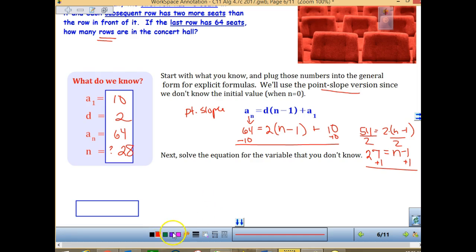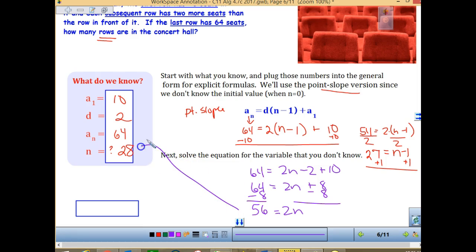What if you would have done it with distributing, and you had 64 equals 2n minus 2 plus 10, and you would have had 64 equals 2n plus 8. You subtract 8. 2n is equal to 56.